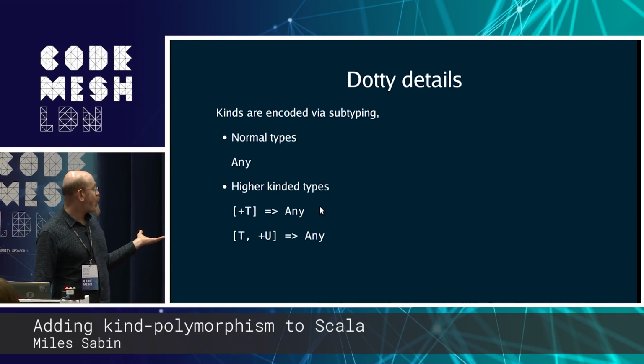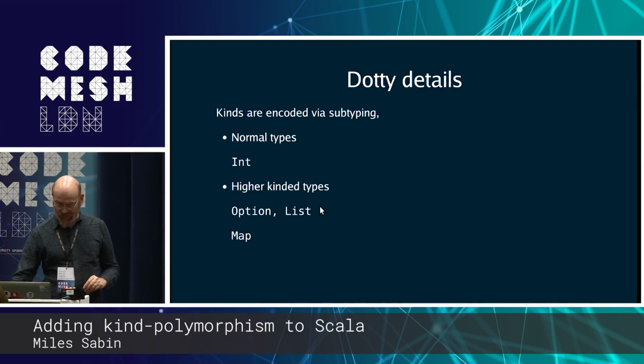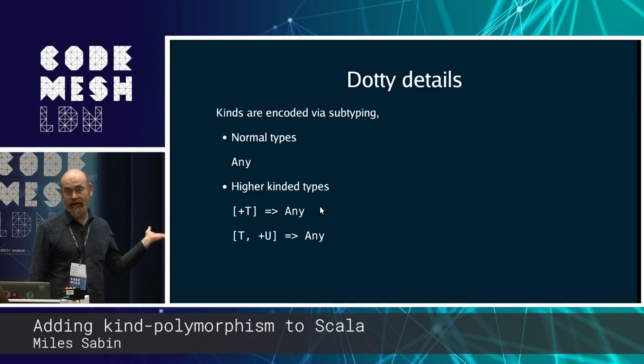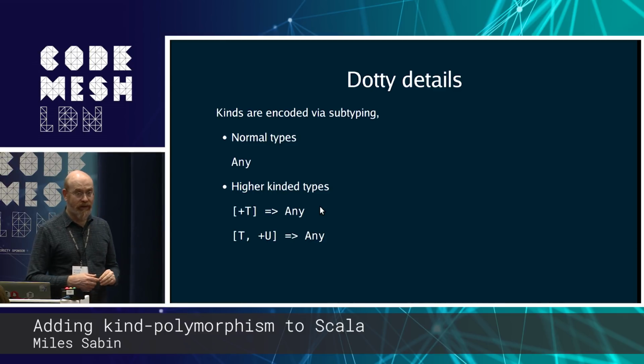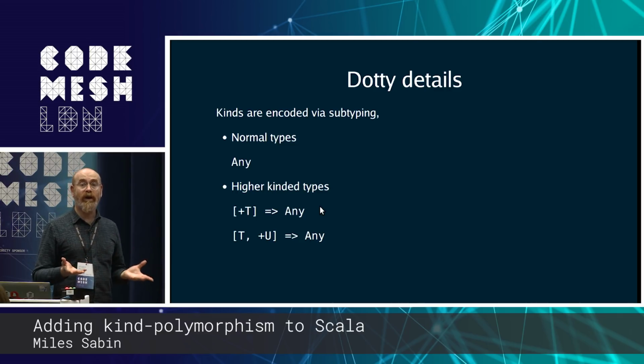The most general type of kind star arrow star with a second covariant type argument, which corresponds to Map, is this type function here. So the idea is to identify kinds with the most general type of that kind.